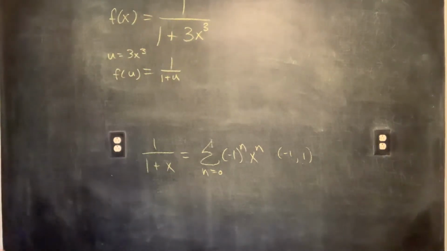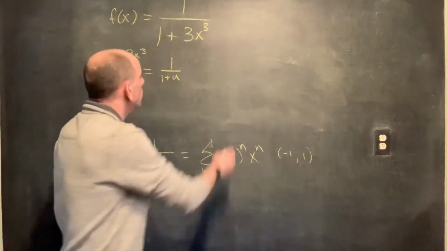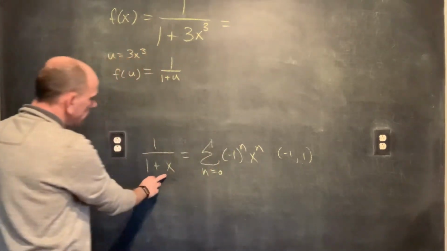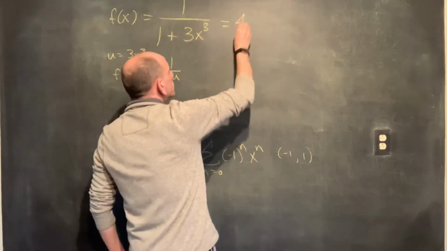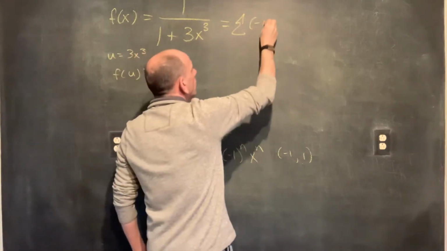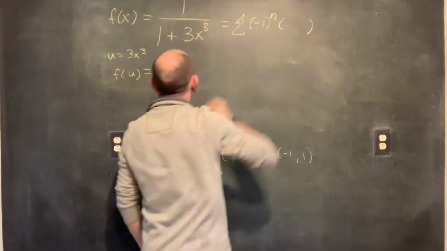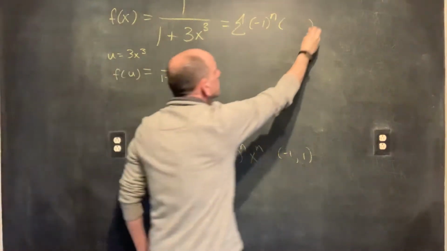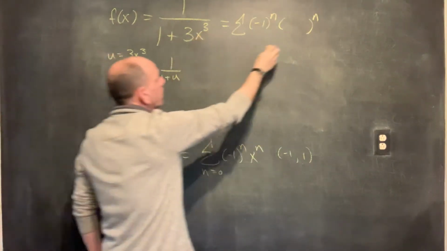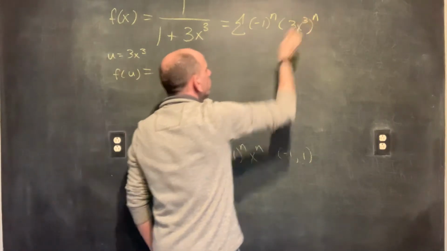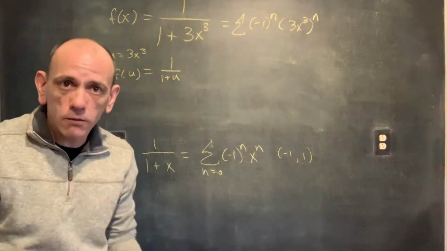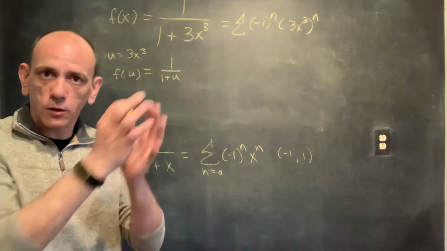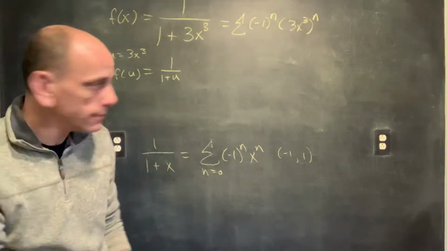So to get the power series representation, all I need to do is take my base structure here, which we have already, the series of -1 to the n x to the n, and I just evaluate at 3x cubed. Then we can just do power over product and power of power and clean that up just to make it clear what our a sub n's are and what our x is.